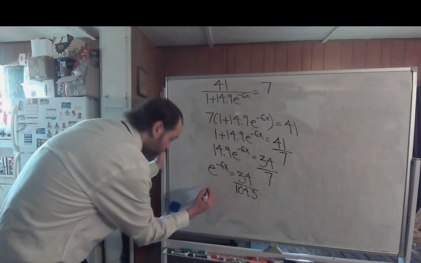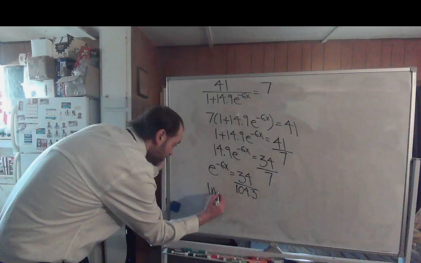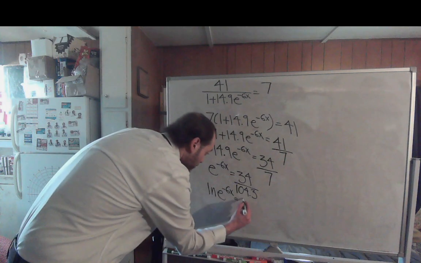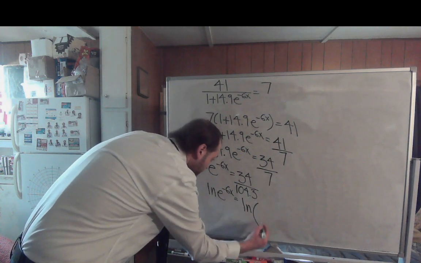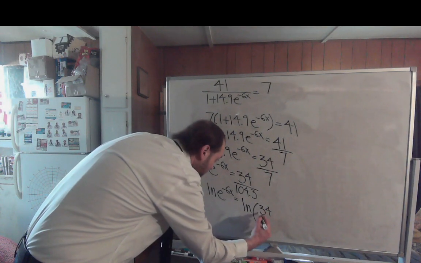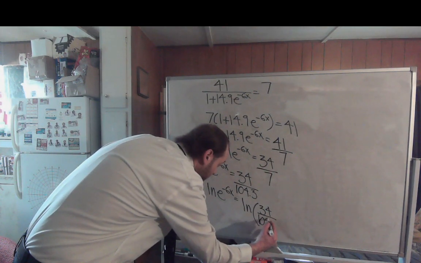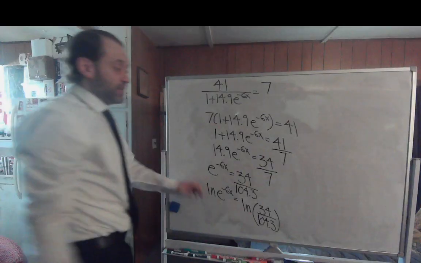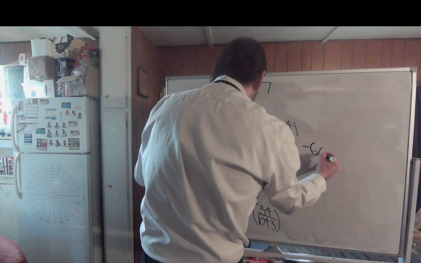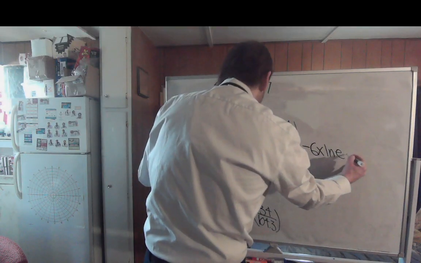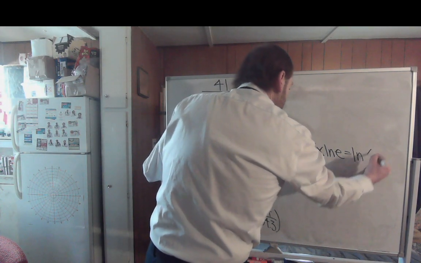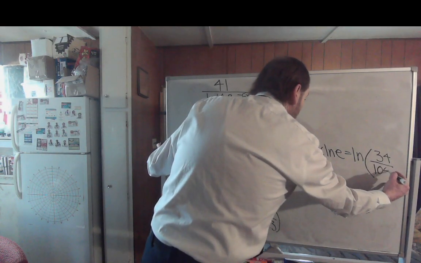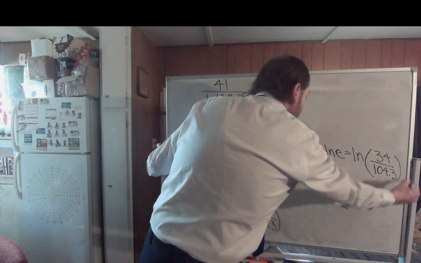Now let's pull out the natural log trick on both sides. Natural log of e to the negative 6x would equal the natural log of 34 over 104.3. Well, the left side you have a power rule, so this will turn into negative 6x times the ln of e equals the ln of 34 all over 104.3.